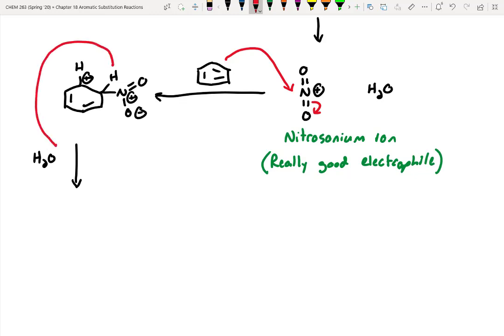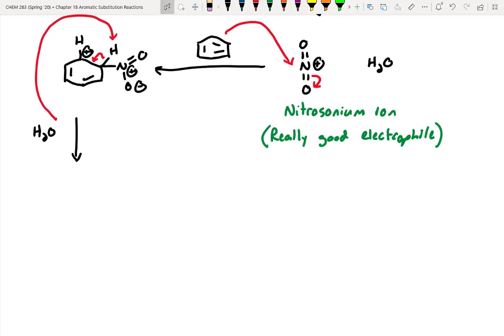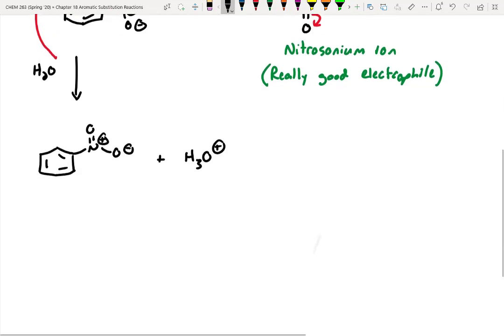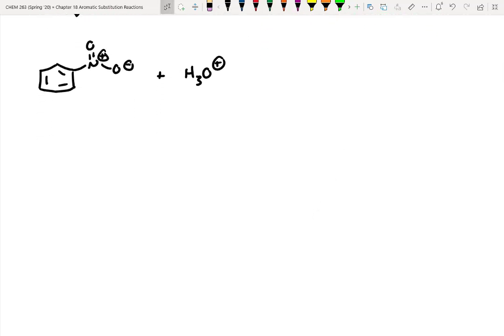And water can help restore aromaticity by grabbing this proton and clamping down. And we get our full nitro group installed along with the conjugate acid, which in this case would just be the hydronium ion. All right, so let's see some examples of this.